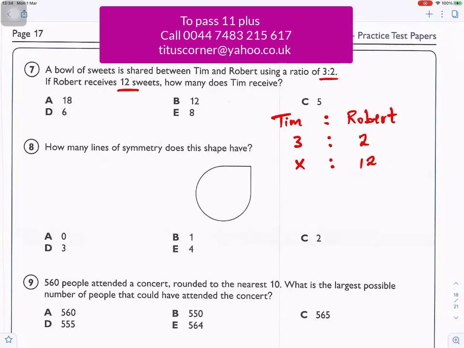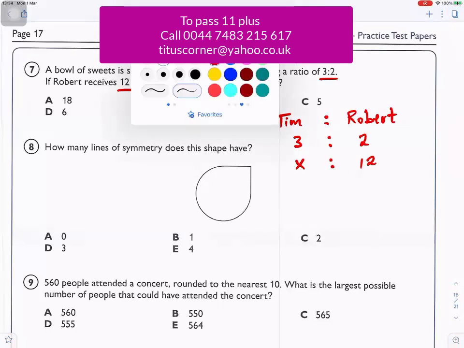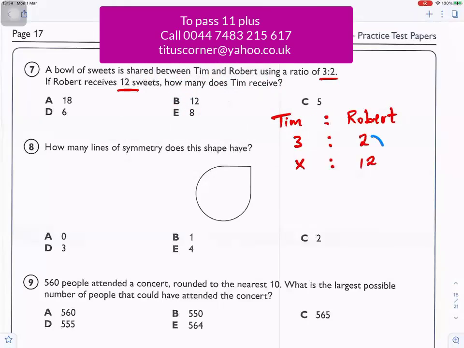Now, what we want to do is, how many times is 12 bigger than 2? How did you get from 2 to 12? How many times is 12 bigger than 2? 6. So it's times 6. So we do the same on the left side with times 6.